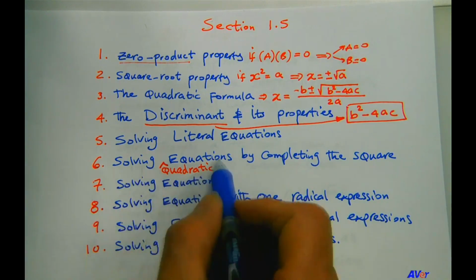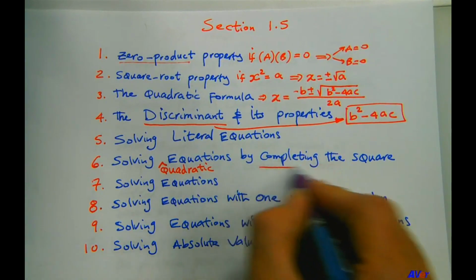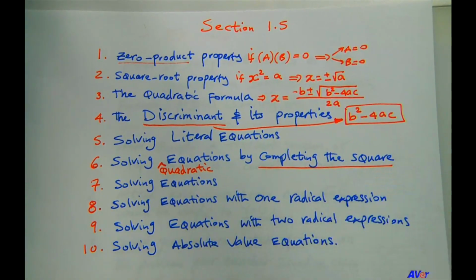Solving quadratic equations by completing the square. This is a very, very important method, not only for those of you who are taking this class now, but those of you who will be taking trigonometry next semester, you will be using this method a lot.